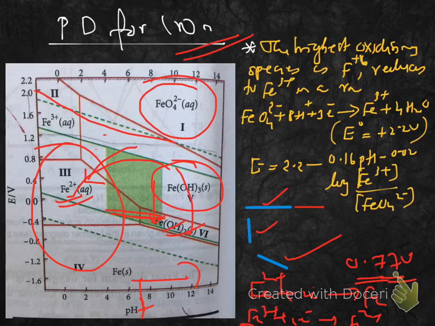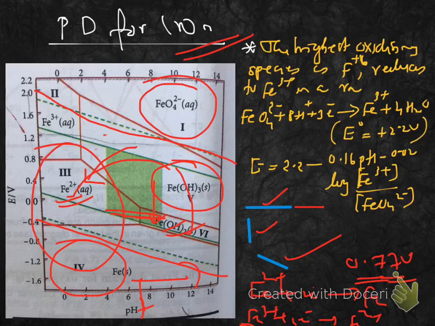In this diagram you can see the stability region of water also, which is shown in green lines. Fe is the highly stable species at low potential under normal condition, but in presence of water, Fe will not be stable.